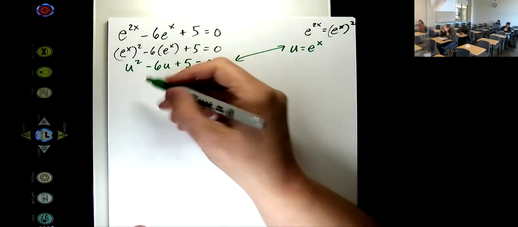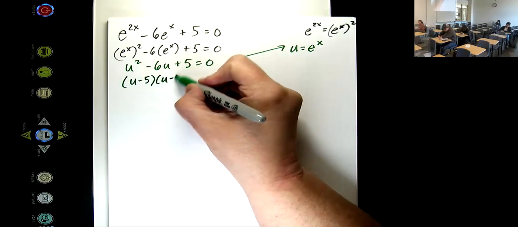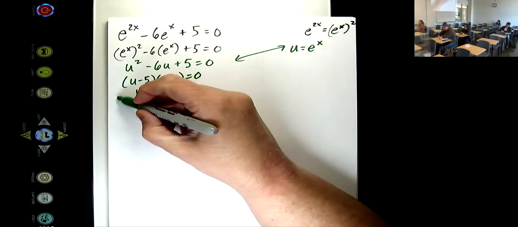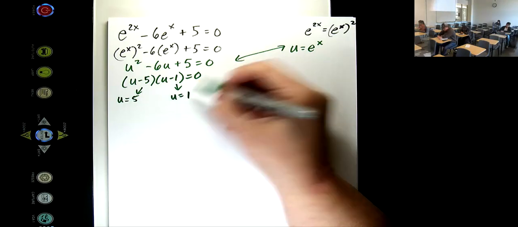So we could solve this like we normally do. This would be u minus 5 times u minus 1 equals 0. We use our zero property rule. u equals 5 when we're done, and u equals 1 when we're done.